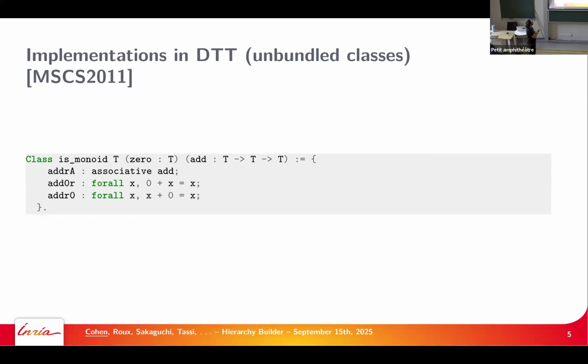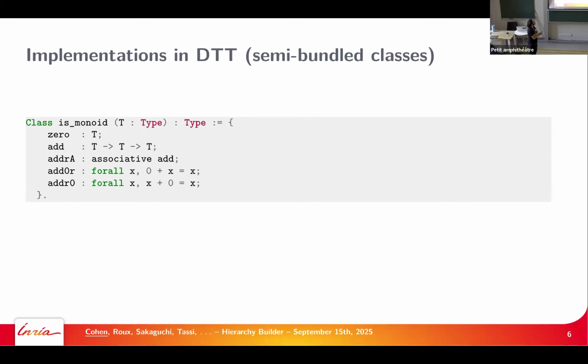That's how it's called from a 2011 paper, the math classes library. For them, a monoid has parameters, the carrier, the operation, and the constants, and contains only the axiomatics. Then you can have another representation, which is the semi-bundled class representation, where this time the parameter is the carrier and the fields contain the operations and the axiomatics.